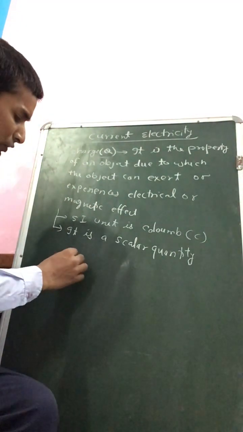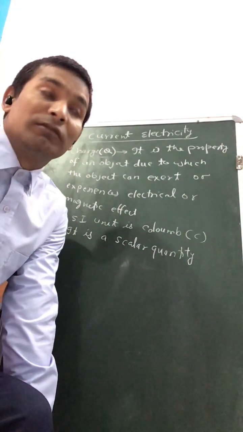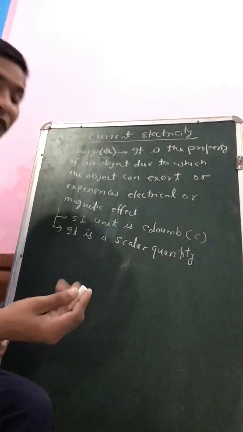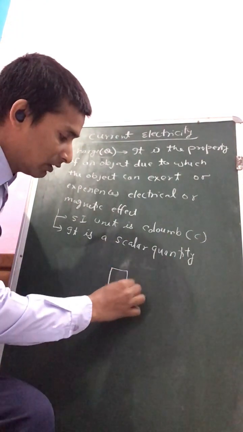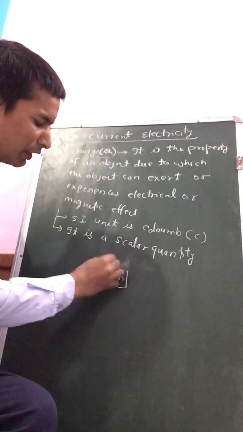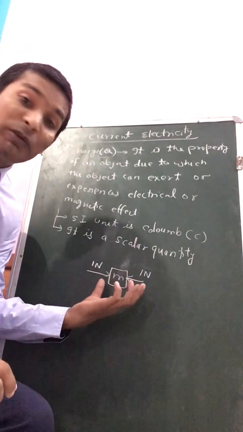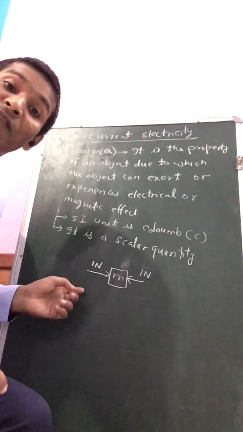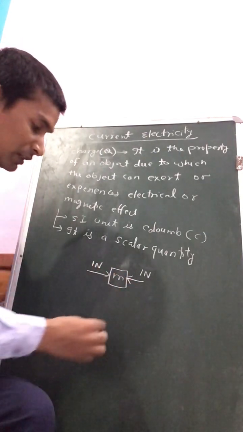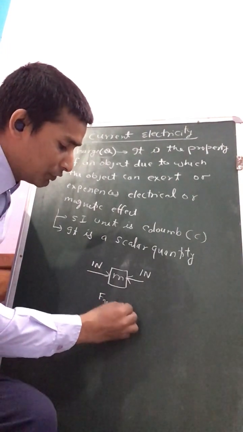Suppose we are going to add 1 kg plus 2 kg. How many kgs? Obviously 1 plus 2, 3 kgs. But if we are going to add a force of 1 Newton and another force of 1 Newton, what will be the resultant? If the directions are opposite to each other, the net force will be 0.